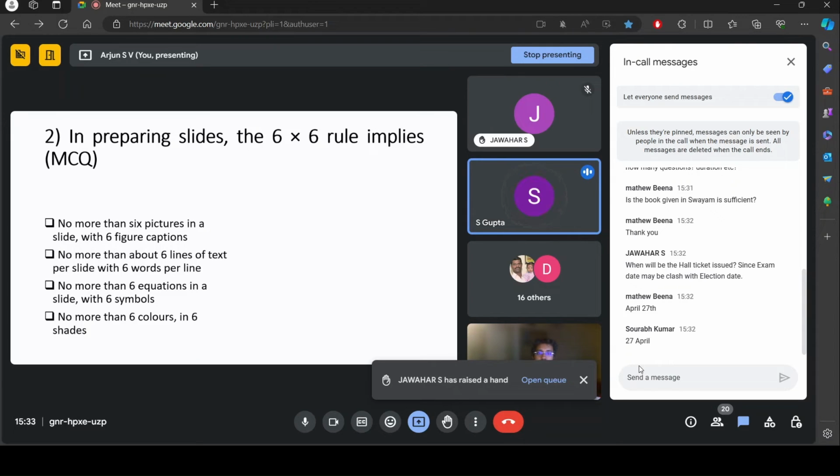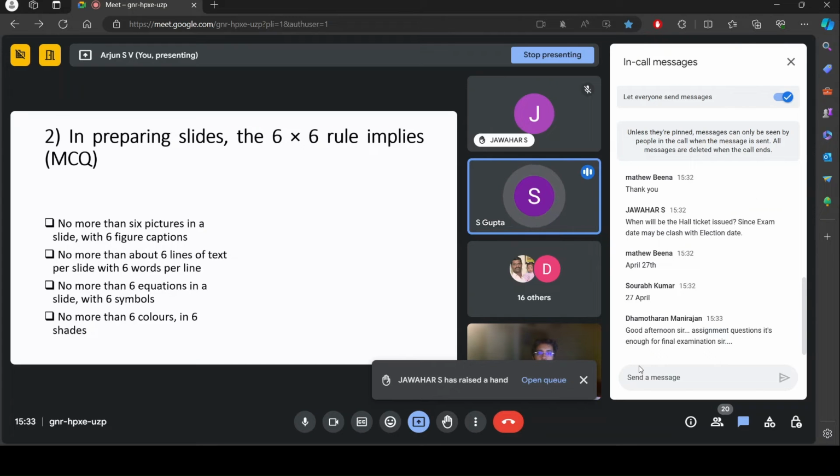In the curriculum we saw the date 27th April, but below that they have written this date may be subject to change. That's why I am asking what exactly the date is, because there is some confusion regarding that.